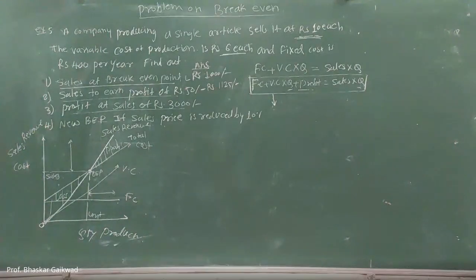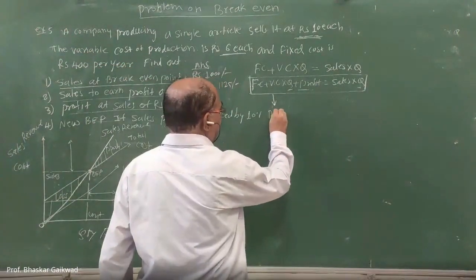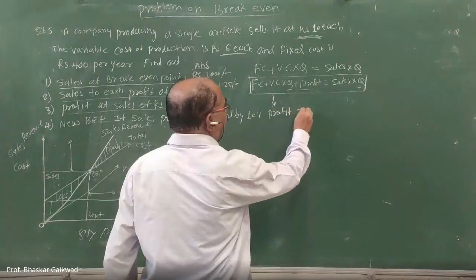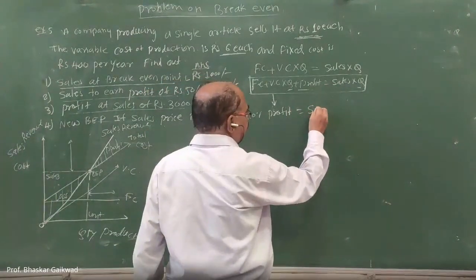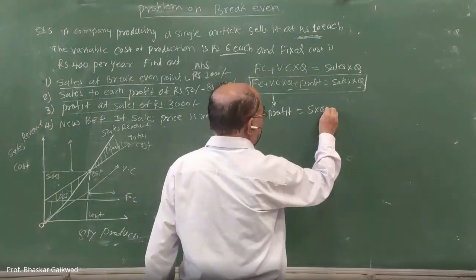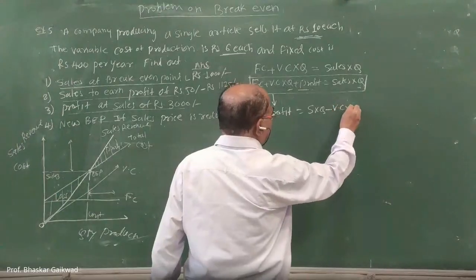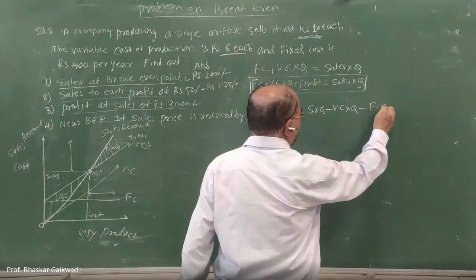Correct? So here, to calculate profit: profit is equal to sales, I will write S for sales, into Q, minus VC into Q. The fixed cost also gets minus here, FC.